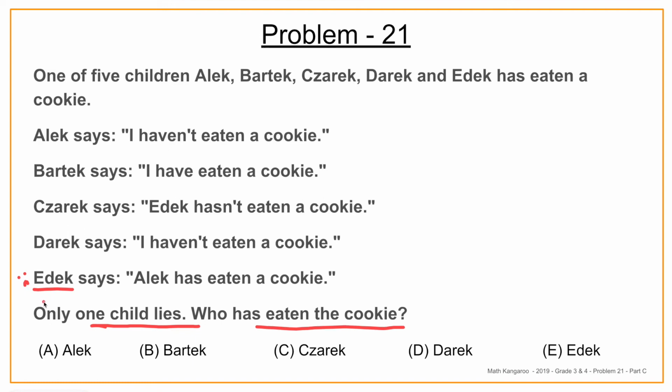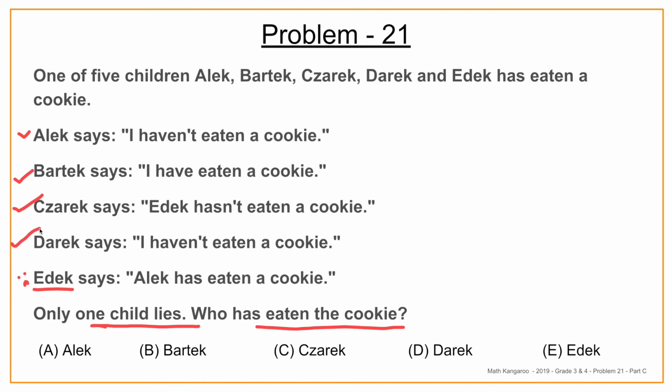Now let's verify that. If Edek is the liar, then Alex, I haven't eaten a cookie, it's true. Bartek, I have eaten a cookie, that's true. Cesare says Edek has not eaten a cookie, that is also true. Derek says I haven't eaten a cookie, that is true too.